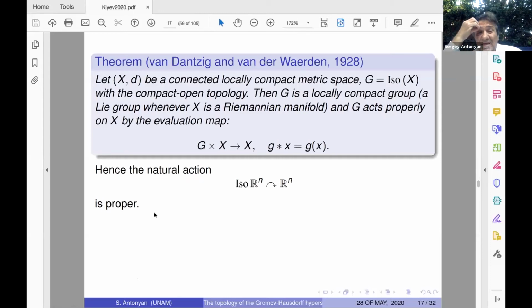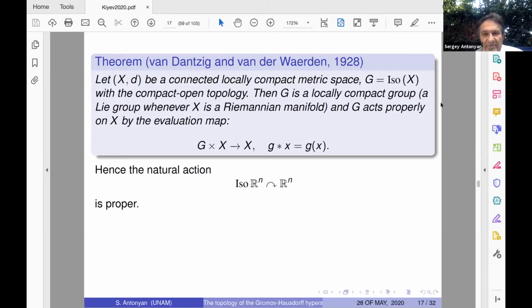A classical result by Van Danzig and van der Waerden gives interesting examples of proper actions. If X is any connected locally compact metric space, and G is the group of isometries with the compact-open topology, then G is a locally compact group.